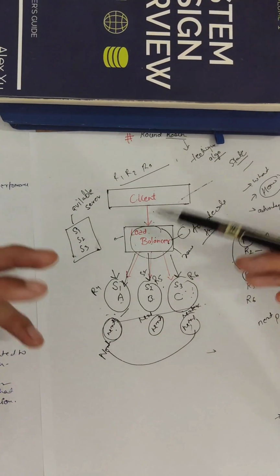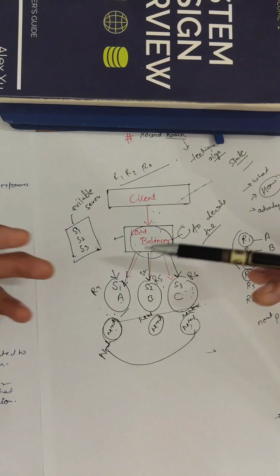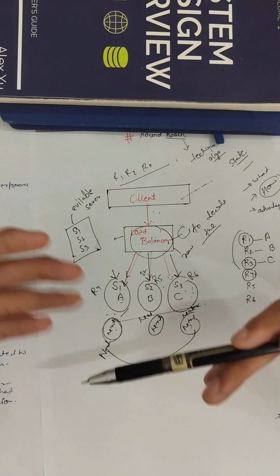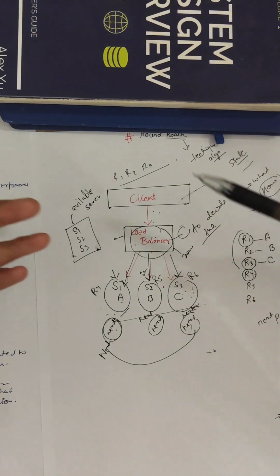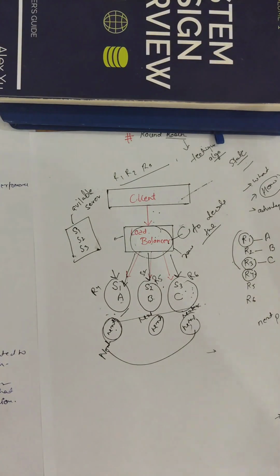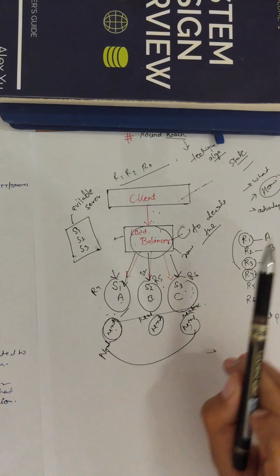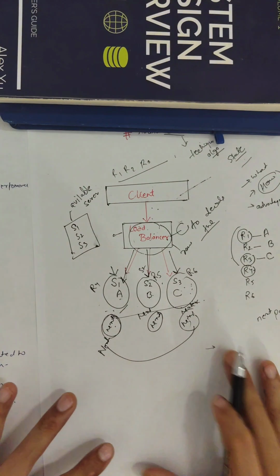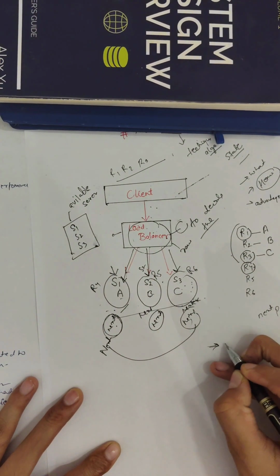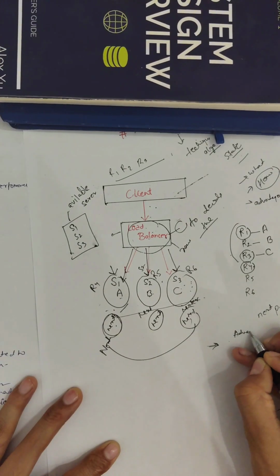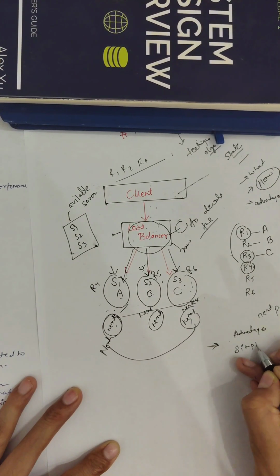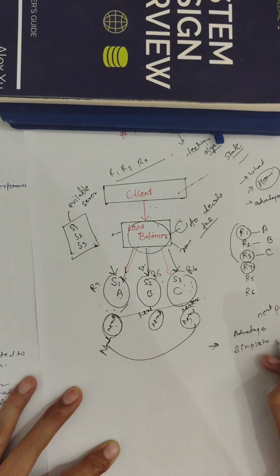As discussed, it is a static algorithm, so you don't need to check the computation of the server. So that's its first advantage: it is the simplest algorithm that you can apply or configure in your load balancer. It is simple to implement.